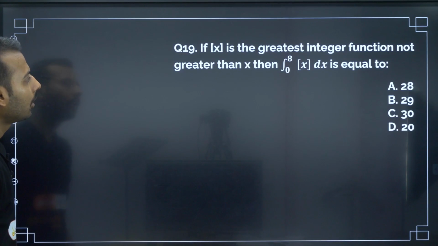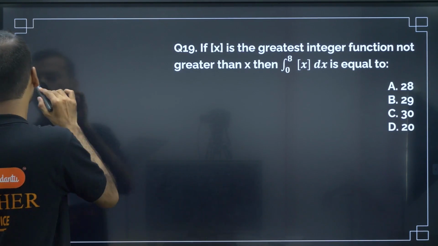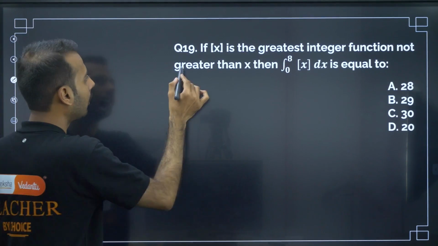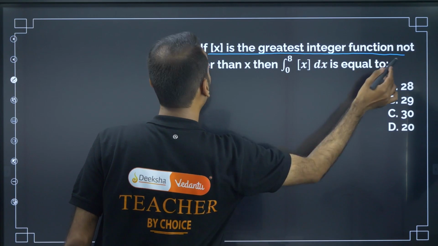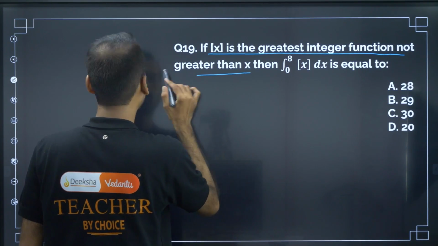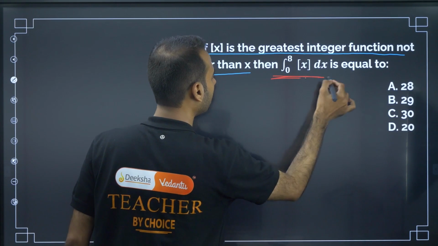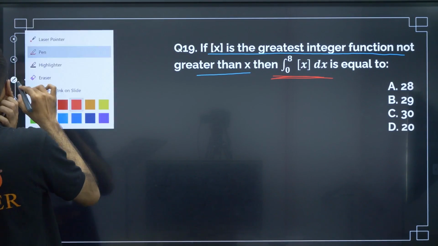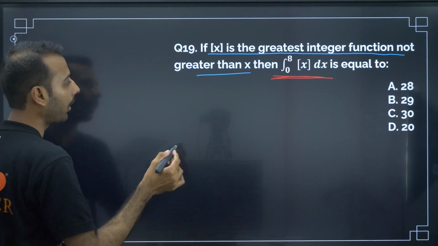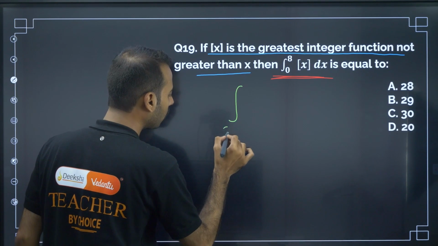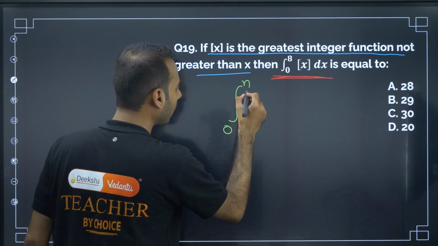Moving on to next. Some information they have given. If this is G.I.F, the greatest integer function not greater than x, then what are they asking? They are asking to find this. Now one shortcut point I will give at this point of time, because you can go for normal calculation, that is also fine.